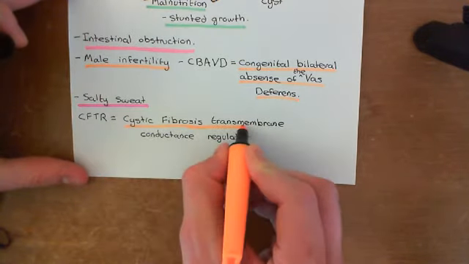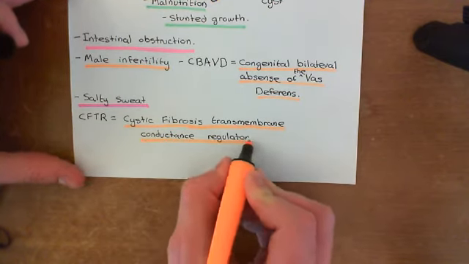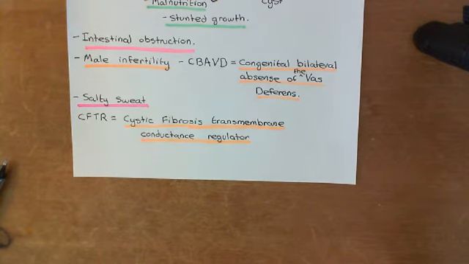Now what I want to do is study this protein in a lot of detail, because it is actually a really interesting protein. It is an ion channel, but you would not think it was an ion channel. It is very different from other ion channels. Really, it's far more like a transporter.